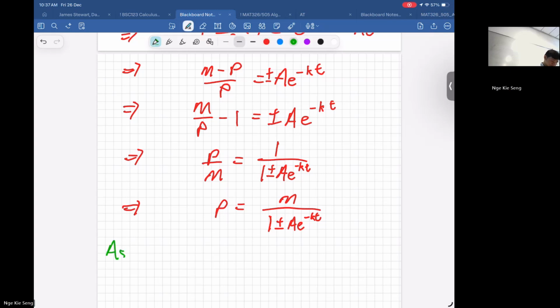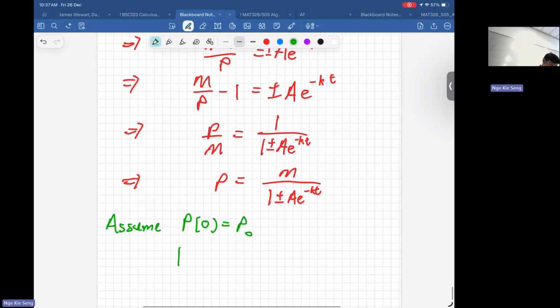Assume P0 is P naught. Okay, we can find what A is. So P naught equals M over 1 plus minus A e to the 0, right?